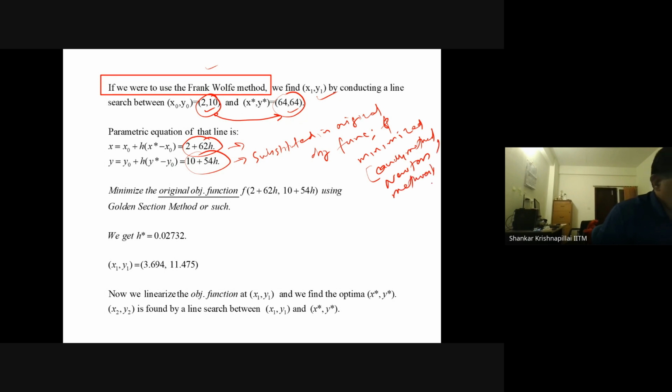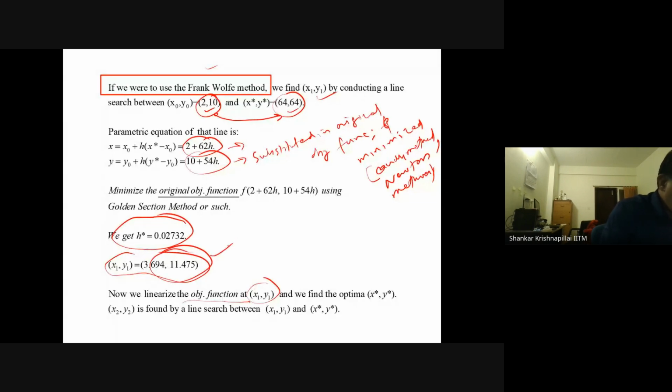Okay, so the answer is you get h star is 0.027 and x1, y1 is 3.694 and 11.475. So next we have to linearize the objective function at x1, y1. That is at this value.